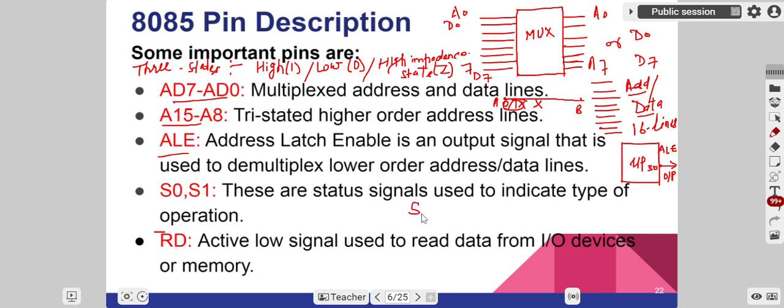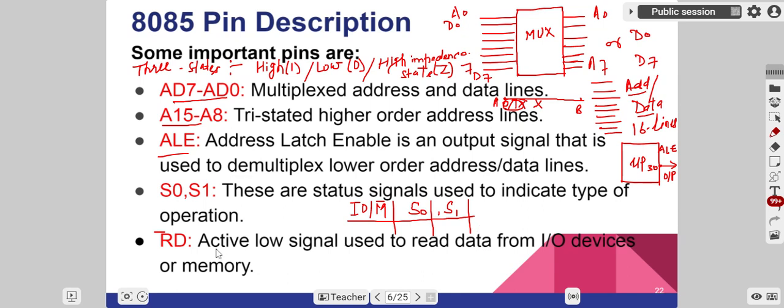These signals S0 and S1 are used in combination with the input output slash memory bar signal. When these three signals are combined together, they provide us information about the status of the microprocessor, that is, which type of operation the microprocessor is currently performing. I will show you the table regarding this in the coming slides.